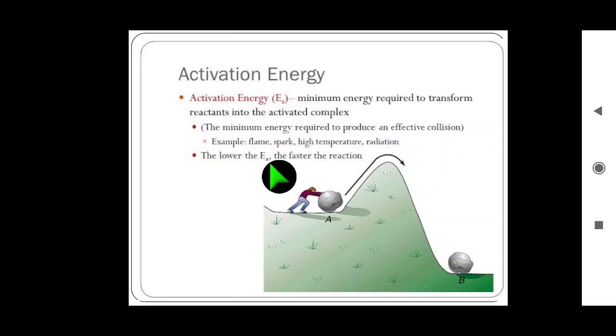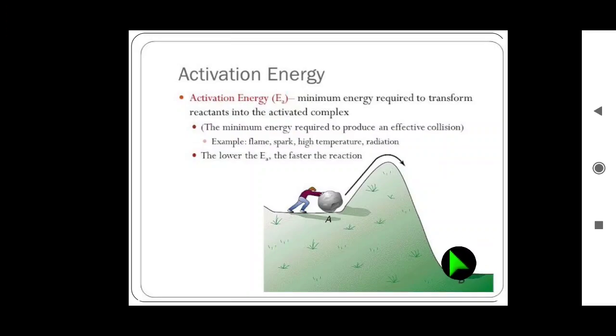The lower the activation energy, the faster the reaction. If the EA activation energy is low, we can get the product fast. We spend the energy for this much height, but immediately we can get the product. The product will be fast.